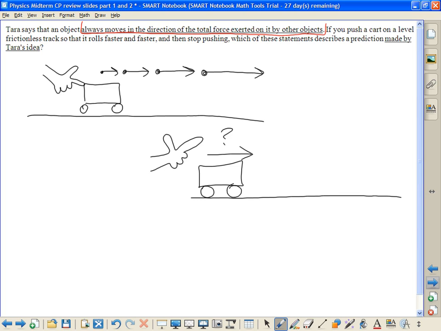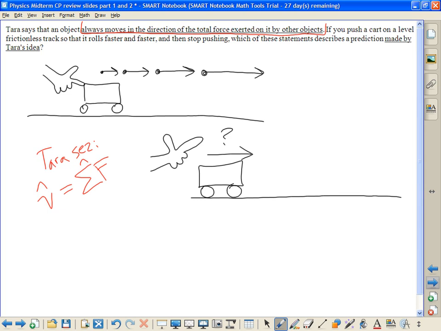Yeah, speed with direction is velocity. So Tara is saying that the direction of the velocity, let's use our funky notation because space is limited, the direction of the velocity is the same as the direction of the total force. That's her idea. Now, which of these statements describes a prediction made by Tara's idea?